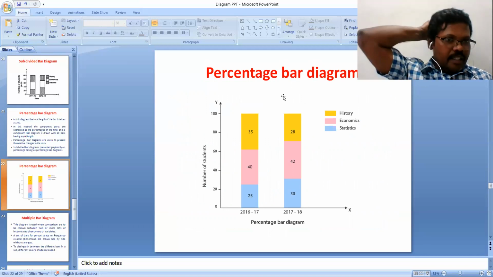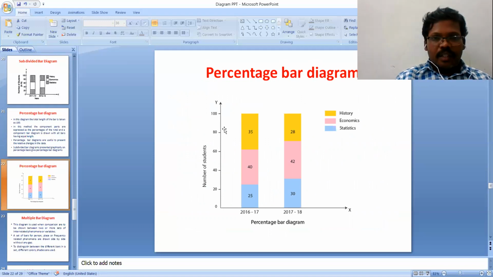See, in both cases the equal bars are equal to 100. Here the percentages are explained. So 35% belongs to history in 2016-17, 40% belongs to economics, and 25% belongs to statistics.